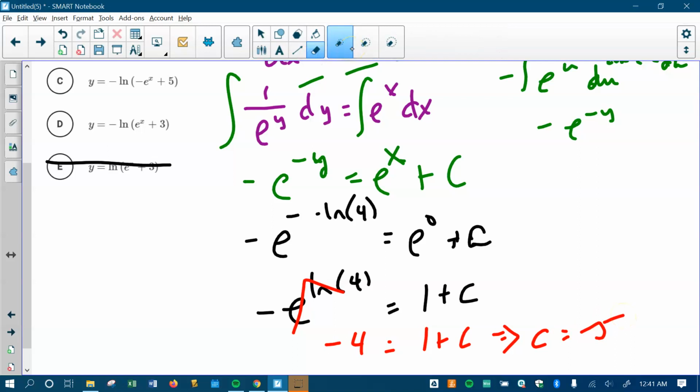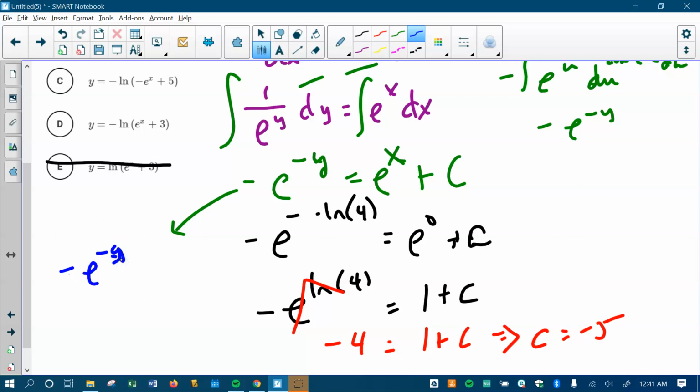Okay, so now let's go ahead and solve the rest of the problem. We're going to take that over here, and we will get negative e to the negative y. I'll do blue now. Blue's a nice color. Negative e to the negative y equals, oh gosh, this no pen thing is killing me.